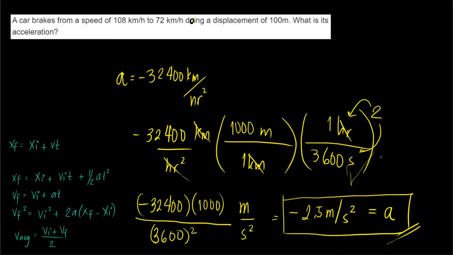So, it depends on your style. Just make sure you end up with values in units familiar to us. Acceleration is in meters per second squared. It is negative because the car is braking. So, this is one example wherein our Vi is not 0.